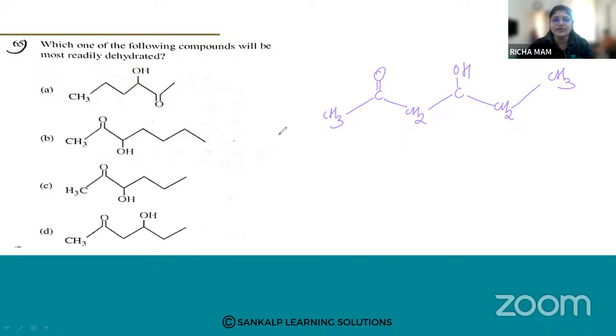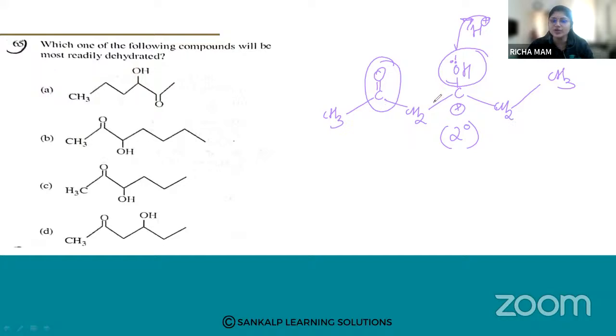Now if I consider this option D, what will the intermediate formed here be? If the H plus ion attacks, it will form water and leave a positive charge. This is a secondary carbocation. This carbocation formation can be destabilized because of the presence of the carbonyl group next to it.